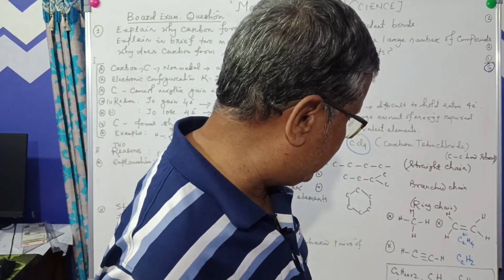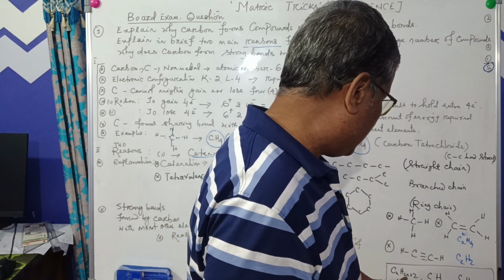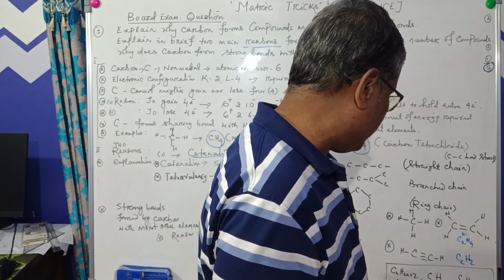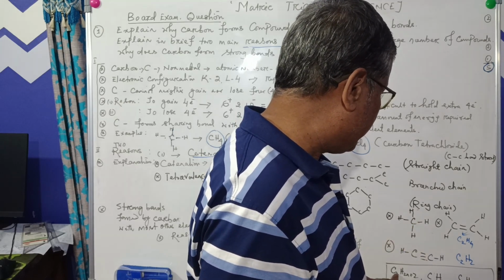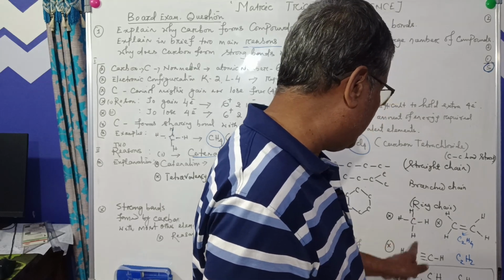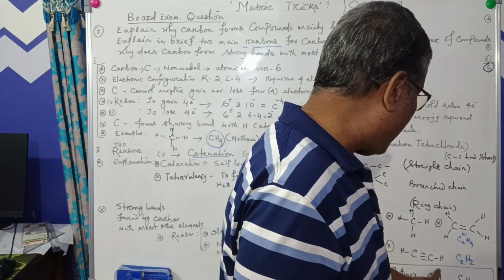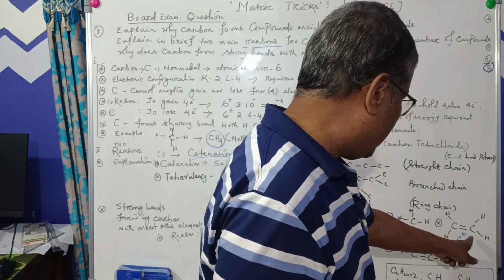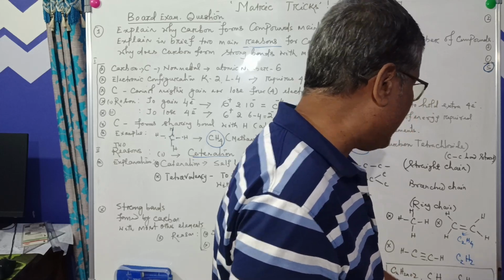And the formula, the first one we have mentioned here, CnH2n plus 2. Here n is 1, so 2 into 1 is 2, plus 2 is 4. You see C1 and CH4. And here alkene, CnH2n.